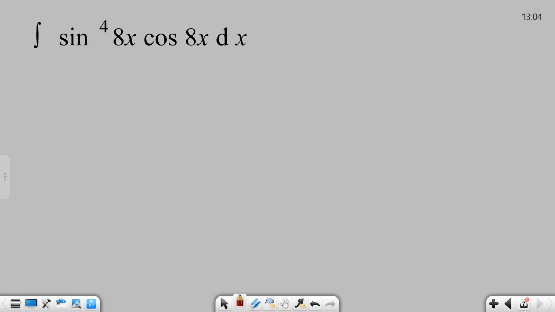But how skinny is that for? Okay, what's the derivative of sine? Cosine, negative cosine, negative cosine. Okay.